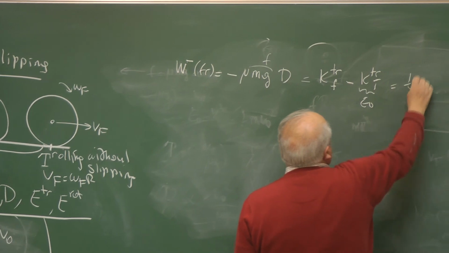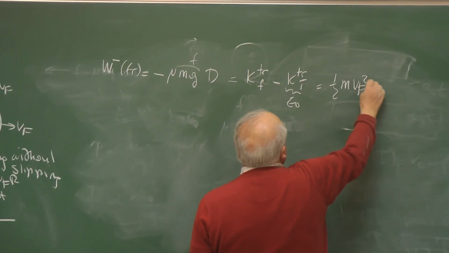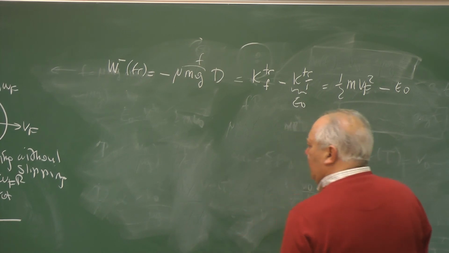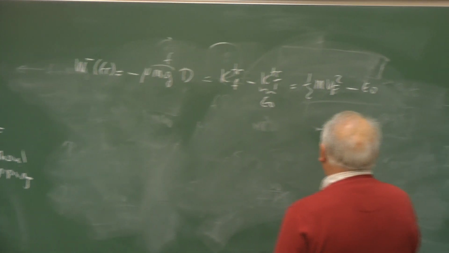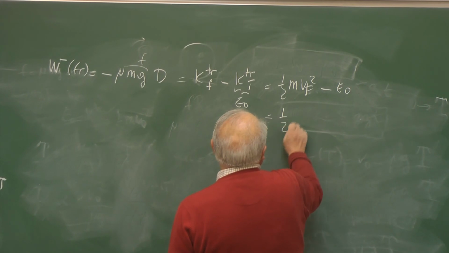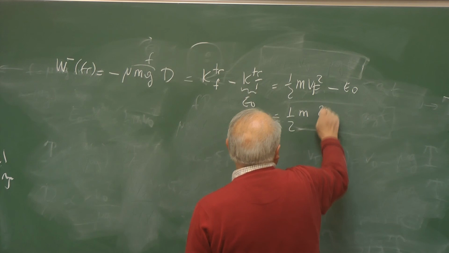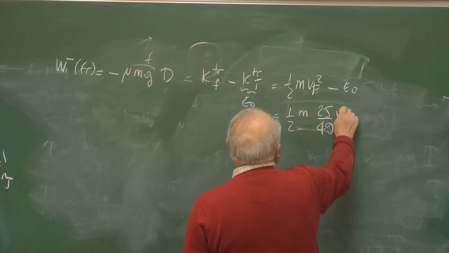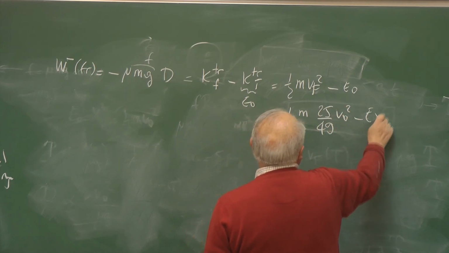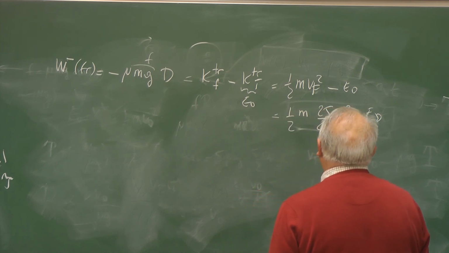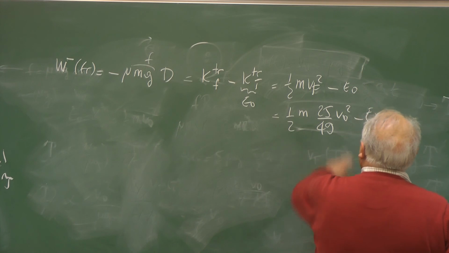This is 1/2 m Vf square minus E0. Vf is 5/7, so it is 1/2 m, 5/7 square is 25/49, V0 square, minus E0. 1/2 V0 square is E0.